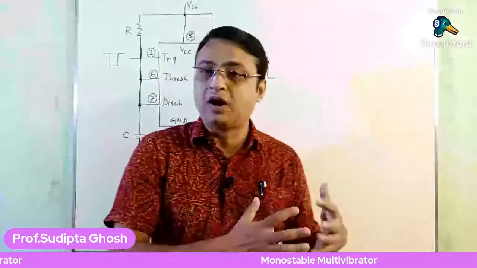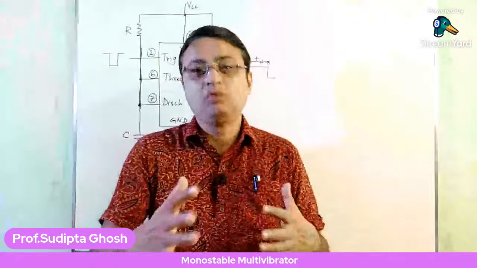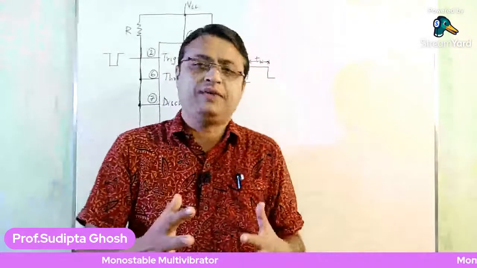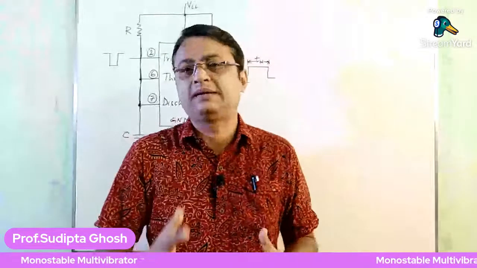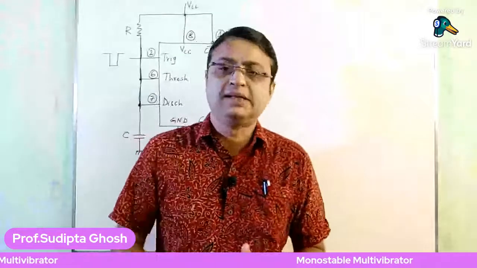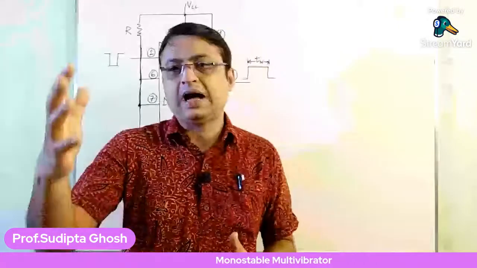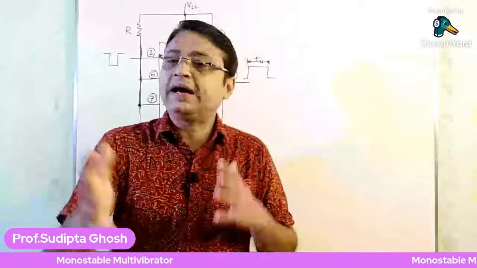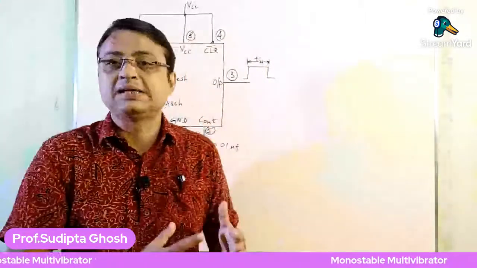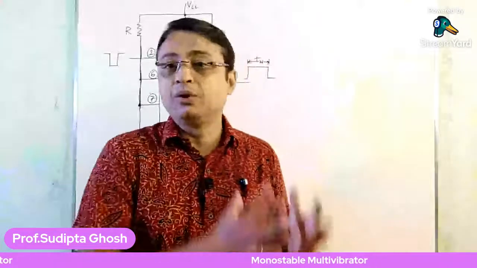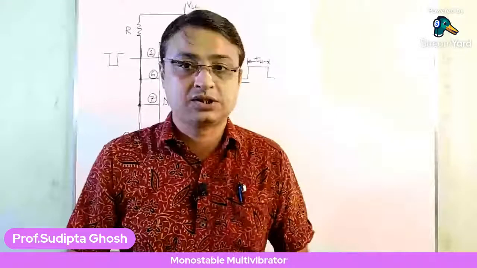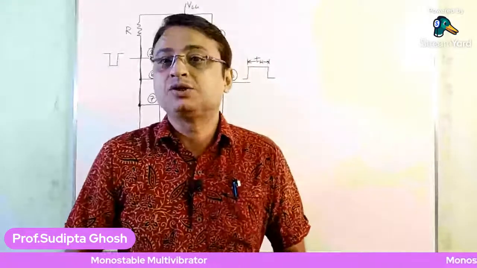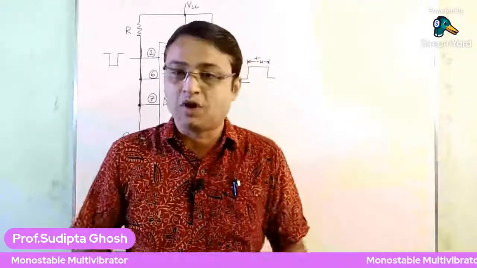As we know, if a waveform is non-sinusoidal, that waveform must possess two states, either a high or a low. So there are two states, but as I am telling you, a monostable multivibrator has only one stable state, so how is the waveform formed?